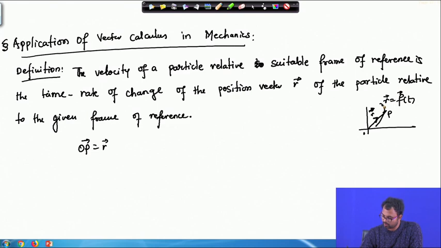So, let us say the increment here is r plus delta r for any time interval delta t. So, this position vector q is r plus delta r.